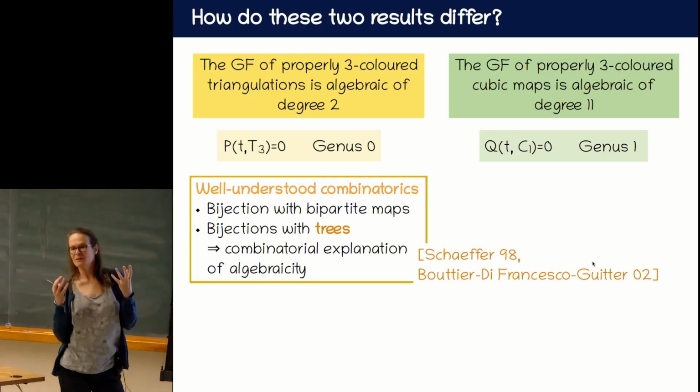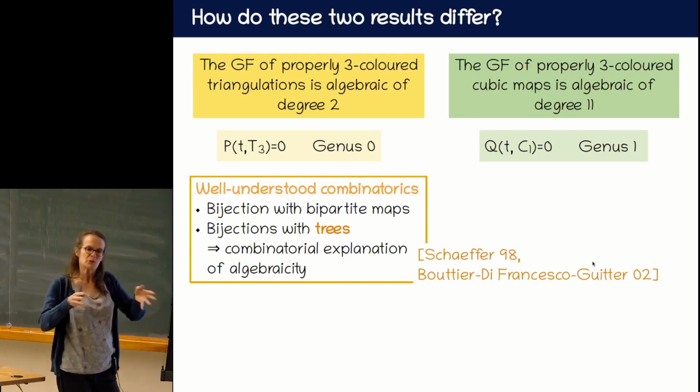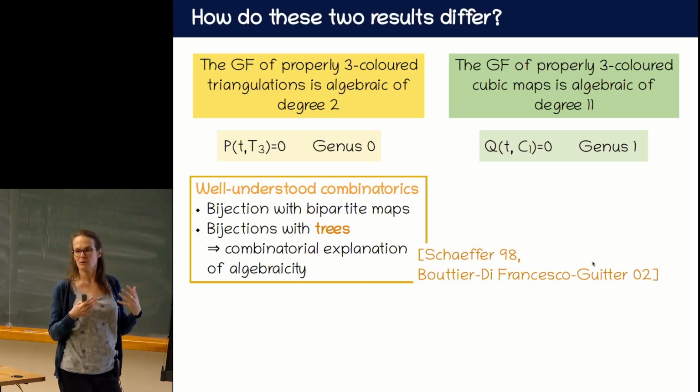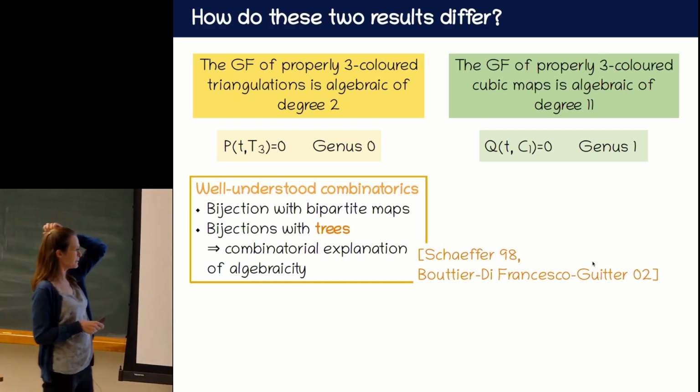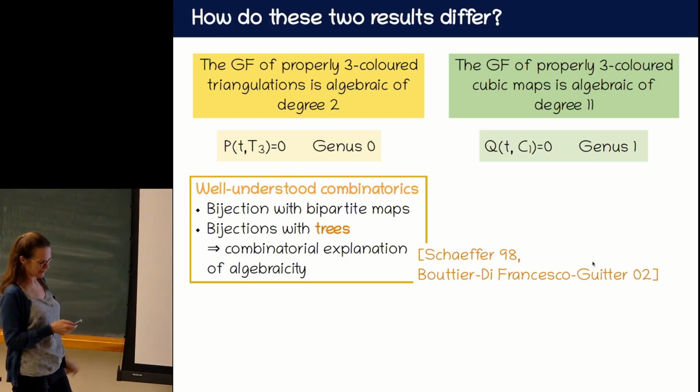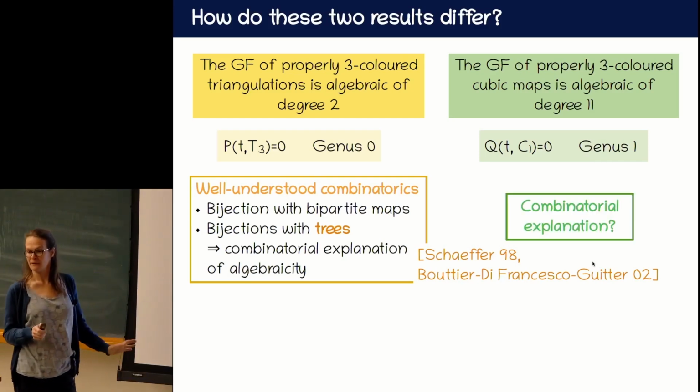And so when you have bijections with trees, this allows you many things, but in particular, it explains combinatorially why you have algebraic series. Because these trees have a certain branching structure that is reflected at once by generating functions. So I won't say anything more about that, but that's very important. And on this side, we have just nothing like that.